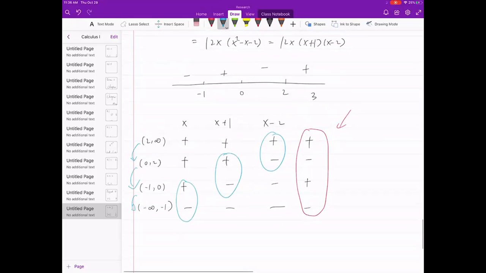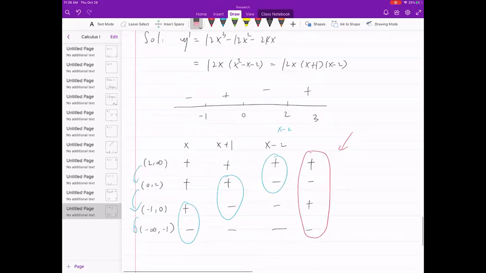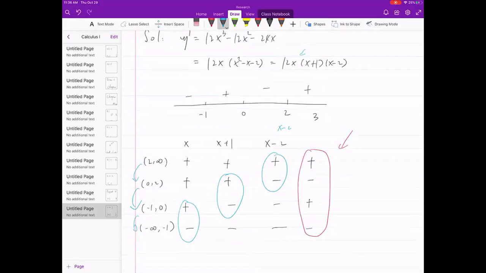When you cross 2, the only thing that should change sign is x minus 2. Everybody else shouldn't change sign. Why? Because x plus 1 changes sign when you cross -1, not when you cross 2. So play with that. You will see this in general will be very easy to do if you just pay attention to the power here. Okay, but either way.